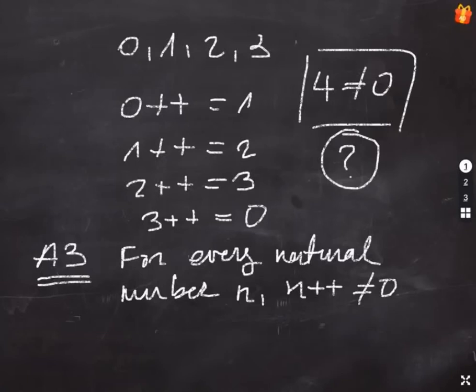Why would I care that, for instance, 2 is different than 0? It is obvious that 2 is different than 0. Well, you now know that it's not trivial. Okay, so it's up to you to prove it now. Now you are in the condition of proving it.